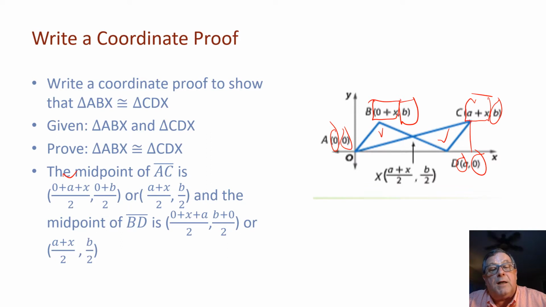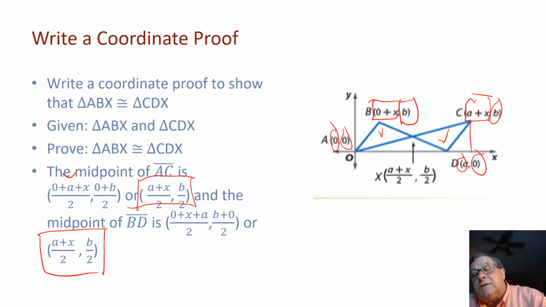And that simplifies to A plus x over 2, comma B over 2, which is the same as AC, Shazam, and which is the same as we see as the coordinates for X. Isn't this fun?